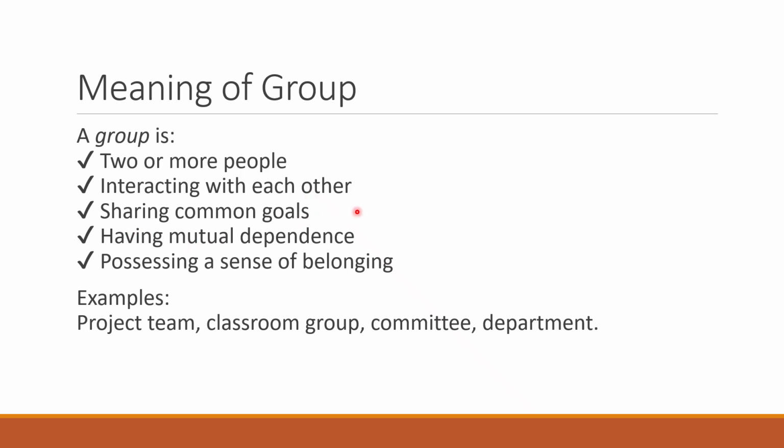The key components include interaction among the members, working together on a shared goal, a sense of interdependence, meaning members depend on each other, and a feeling of belongingness among each other. For example, students working together on a college presentation or employees collaborating on a marketing project are both examples of groups.